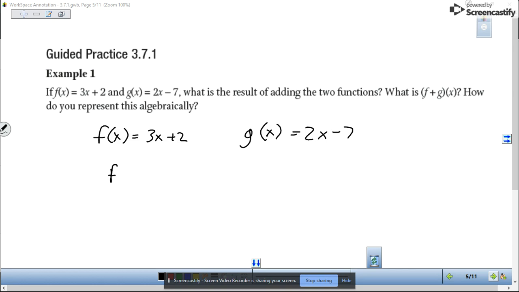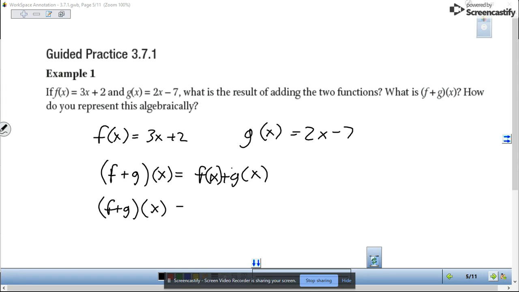So f plus g of x is f of x plus g of x. We simply substitute each part in. So f of x is 3x plus 2, and then we're going to add g of x, which is 2x minus 7. Okay? Pretty straightforward, pretty easy.